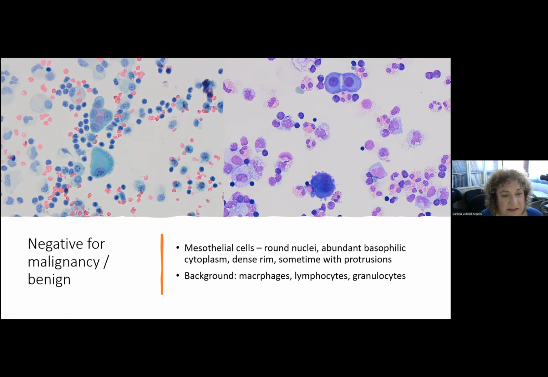Here we can see background of macrophages with vacuolization of the cytoplasm, some lymphocytes, granulocytes. So this is how it usually looks with the finding of negative for malignancy.